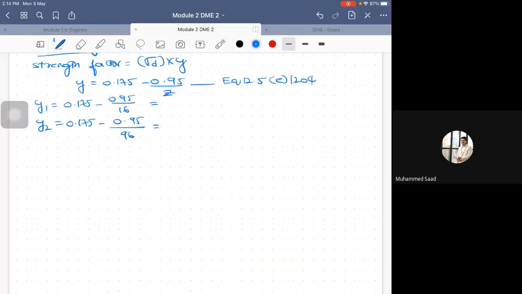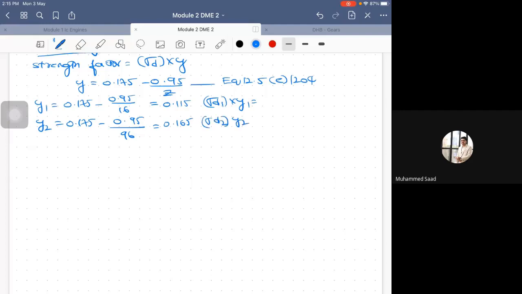What is the value? Yes, Nitish Kumar. 0.115 is the value for which one? Y1. Okay, so Y1 and Y2 are there. Now go for sigma D1 cross Y1 and sigma D2 cross Y2.